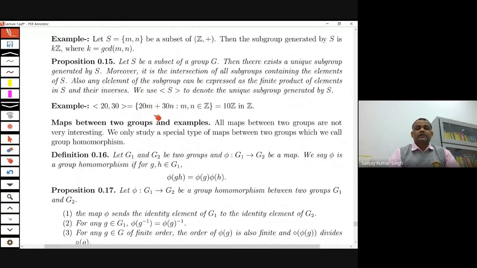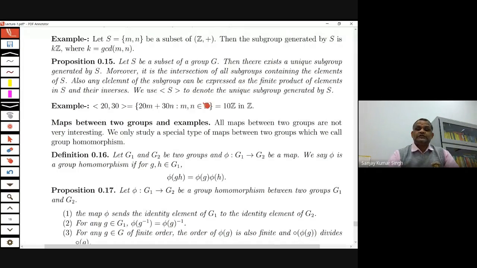Proposition: let S be a subset of G, then there exists a unique subgroup generated by S, and moreover, it is the intersection of all subgroups containing the elements of S. Also, any element of the subgroup can be expressed as a finite product of elements in S and their inverses.